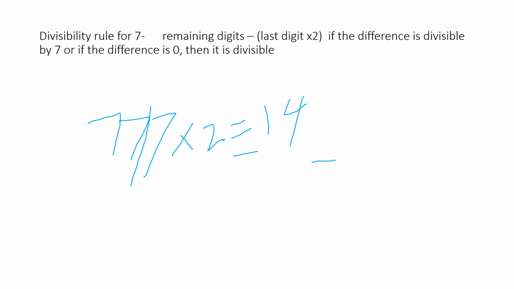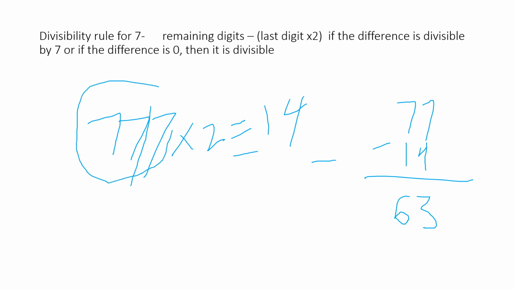Okay. Now 77 minus 14 is 63, and yes, 63 is a multiple of 7. So 777 is divisible by 7.